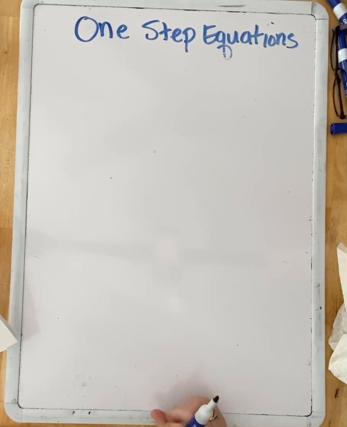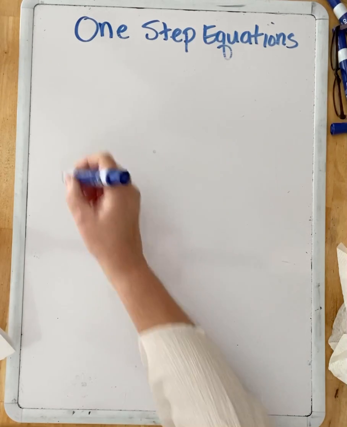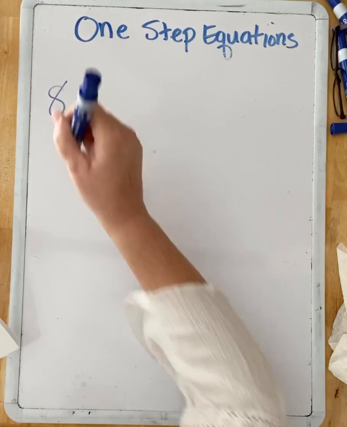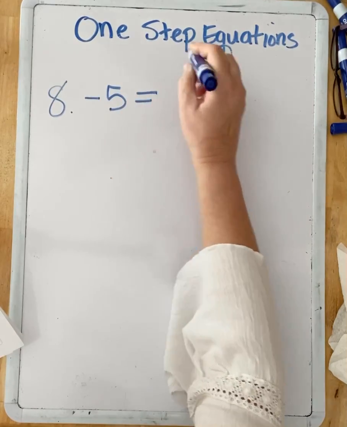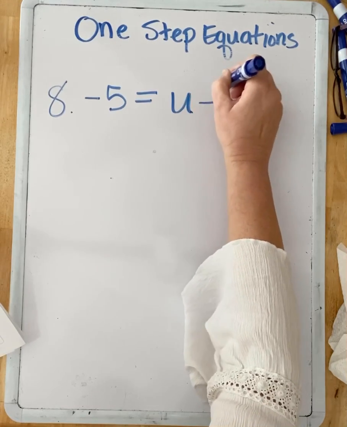All right, so let's see. Let's go with number 8. Very similar to the one that we just did. -5 equals u minus 7.